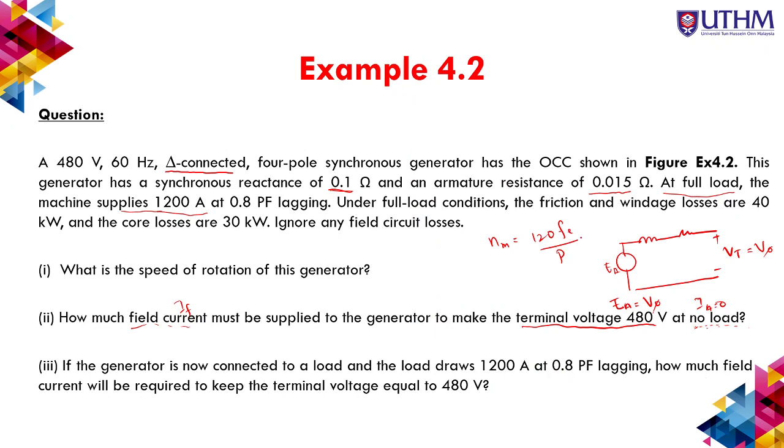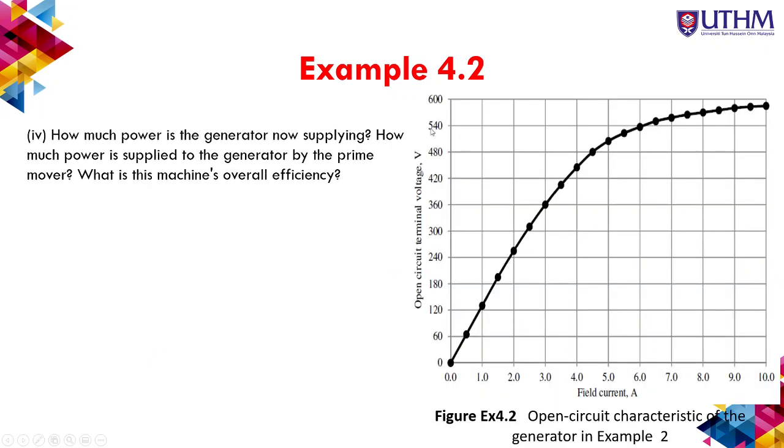The field current, right? So once we get the EA, we need to look at this graph, because this is open circuit. Please remember that the reason why we want to look at the open circuit is because this represents EA.